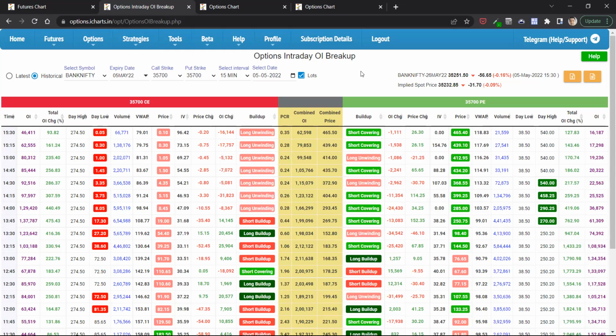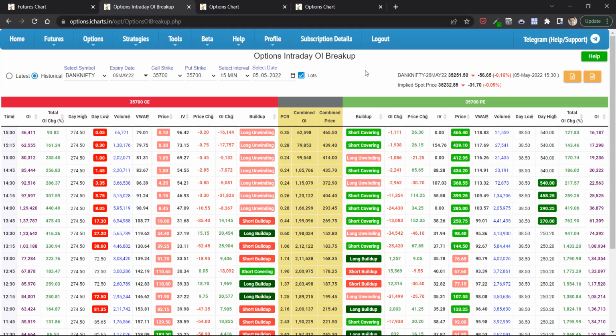You can select that. Generally they don't take the whole chain, because the difference usually happens only in the top 6 strikes above or below the ATM. So they are flashing the OI change every 5 minutes, 15 minutes.